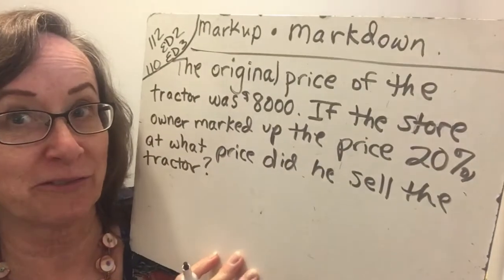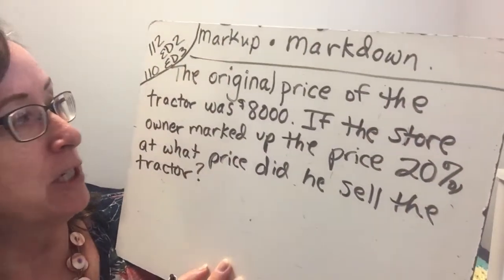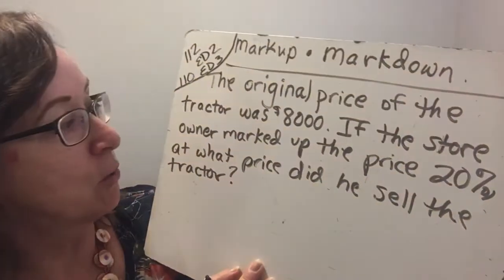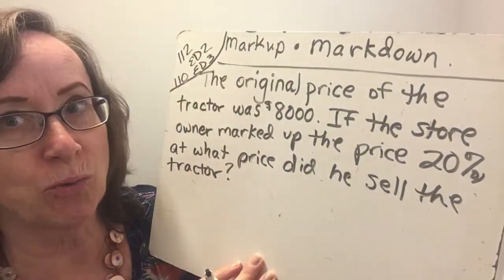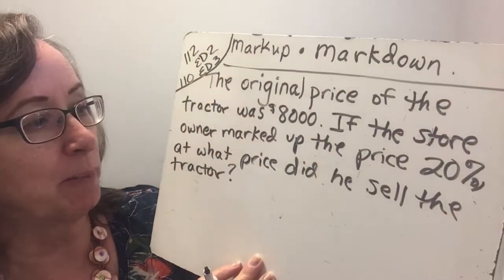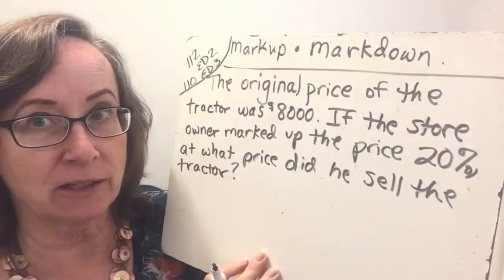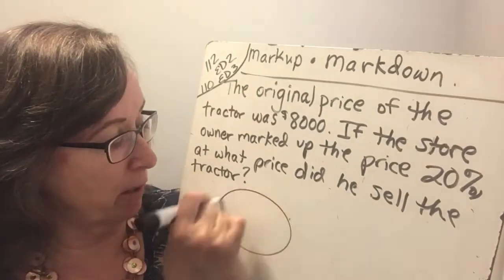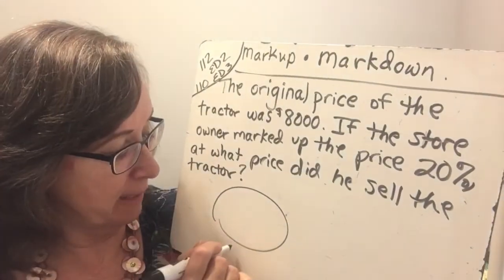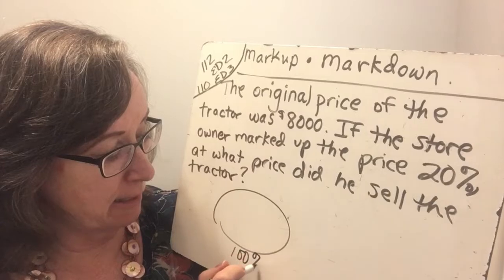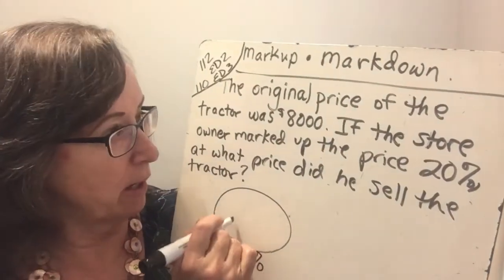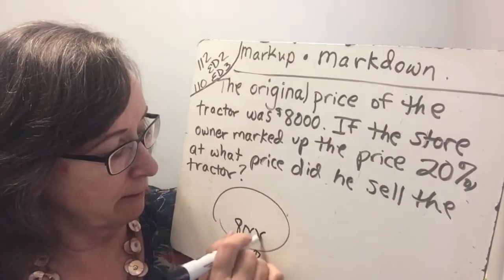Okay, here is your first practice problem. The original price of the tractor was $8,000. If the store owner marked up the price 20%, at what price did he sell the tractor? Now, your book was doing these using your little diagram and saying 100% was the price the store owner purchased it for, which was $8,000.